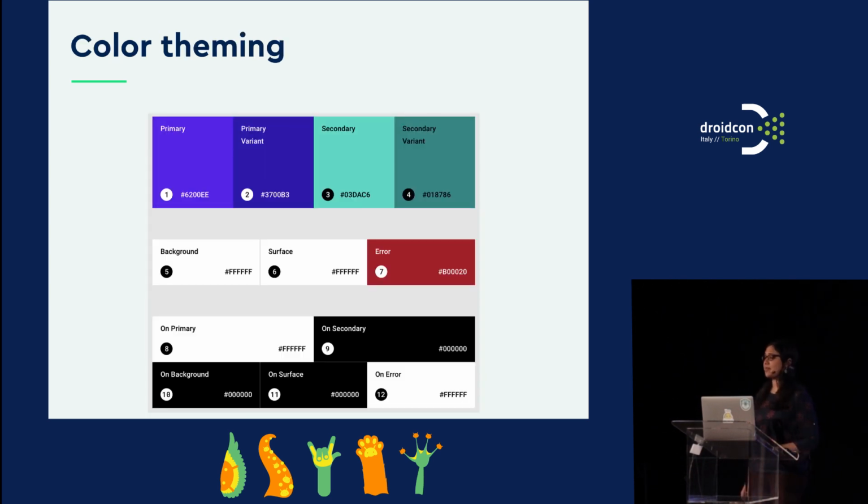And the first theming subsystem that we want to talk about is color theming, which if you open the Material Design guidelines, you'll probably see something like this. You see primary, secondary, backgrounds, etc. But what do they mean?